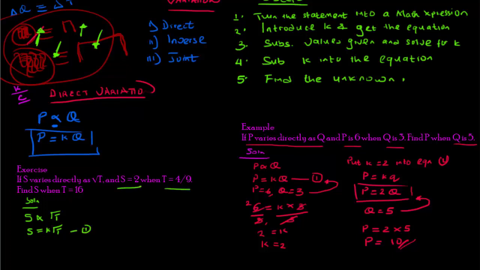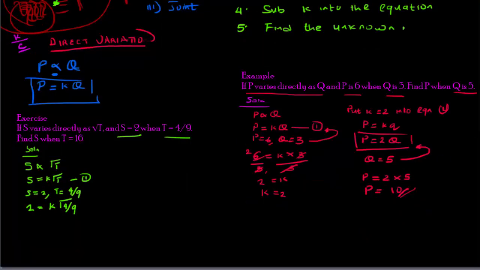So let's call this equation 1. So s = 2, t = 4/9. So we substitute these values in the equation above. So 2 = k√(4/9). So we know that square root of 4 is 2, square root of 9 is 3.